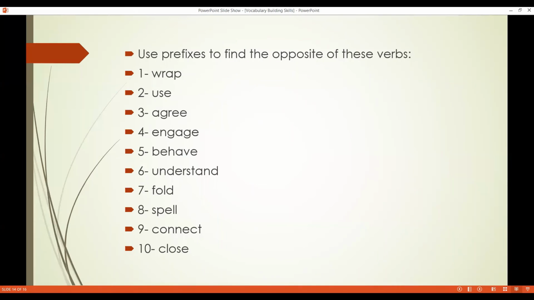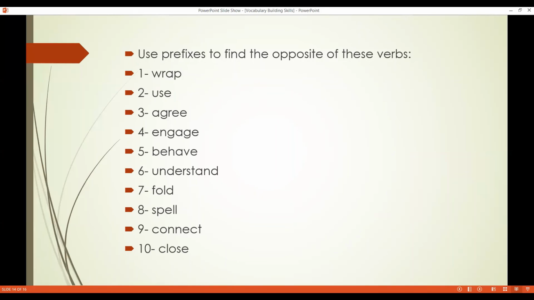Now, spend some time and read these 10 words. Use prefixes to find the opposite of these verbs. We are going to do one or two. Later on, after closing this presentation, you could work on your registers, and then, as I have asked, you are going to bring those prefixes to the next classes.